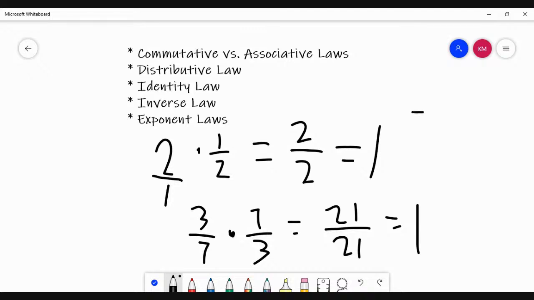So if I have a -2, that means my inverse should be -1/2, because -2, if I put it over 1, times -1, gives me a +2. 1 times 2 gives me 2. And of course, 2/2 still gives me 1.